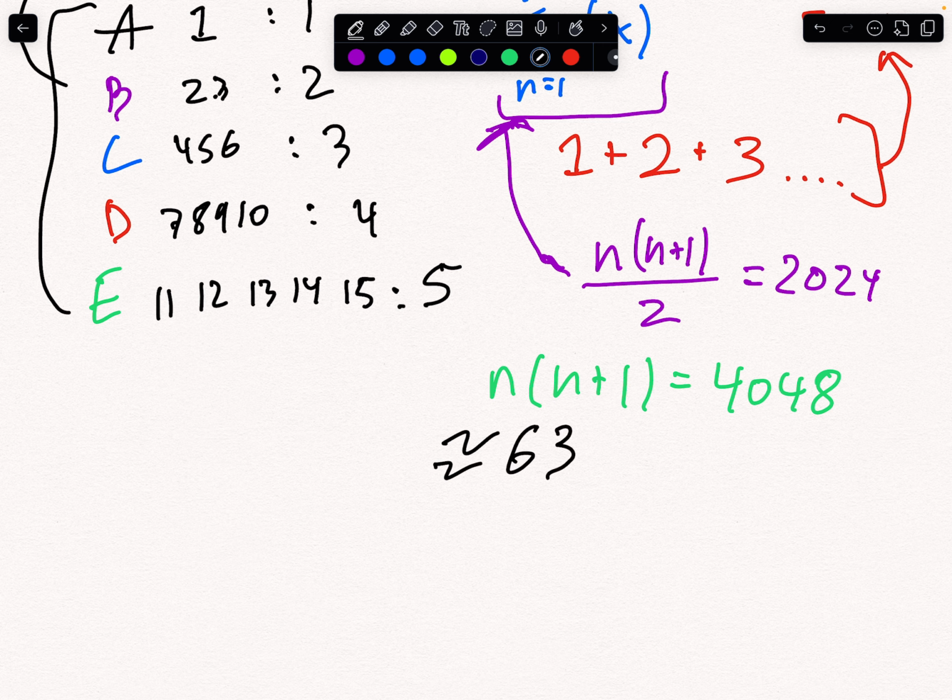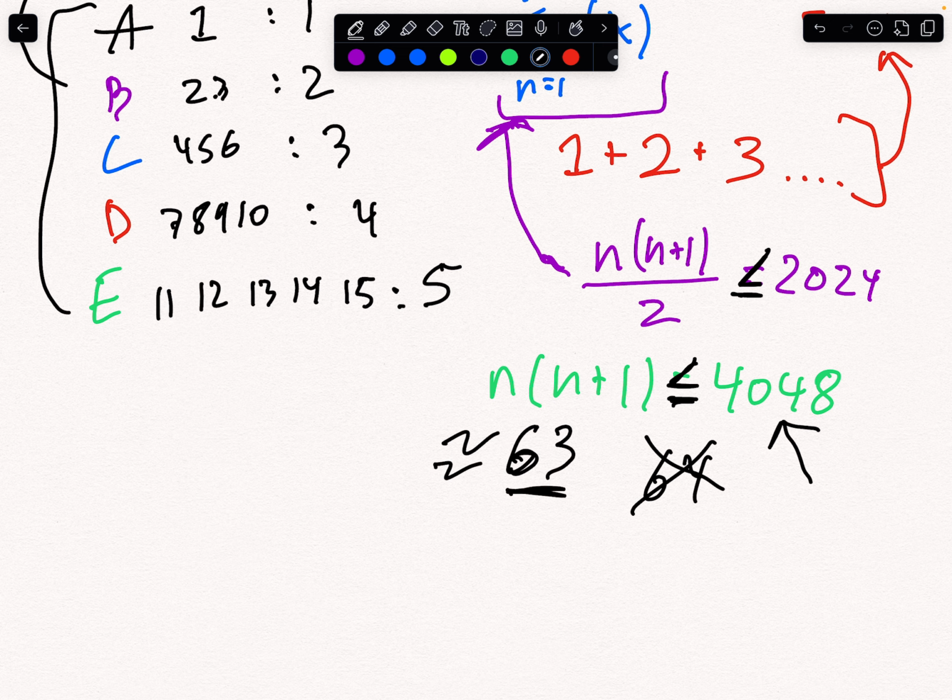Notably, I put this equal to, but technically speaking, the sum should be less than or equal to 2024. So 63 will give us a value that is less than 4048, but if I were to plug in 64, then this wouldn't work, as the value would be greater than 4048.